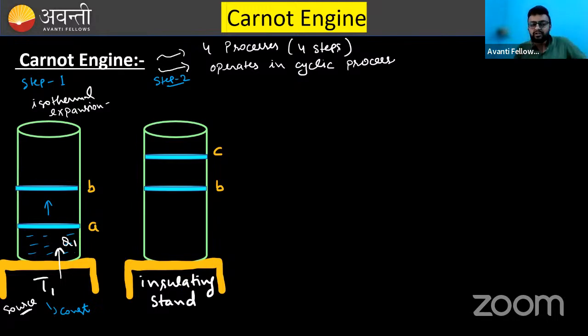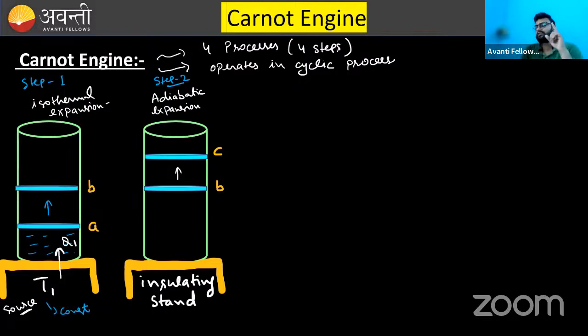If heat exchange is not taking place, then the process will definitely be adiabatic. And the gas is allowed to expand from B to C. So this is adiabatic expansion. Clear?